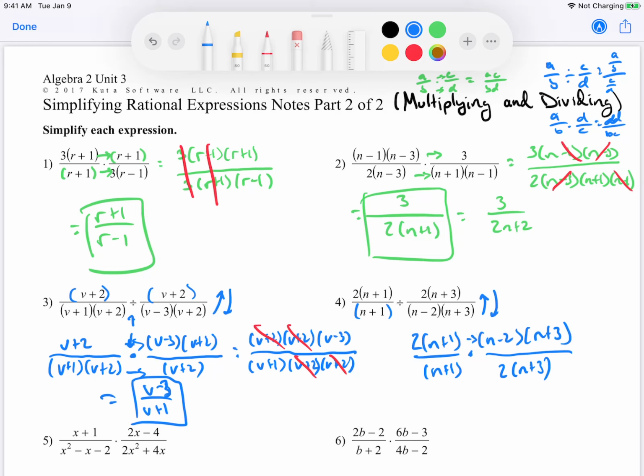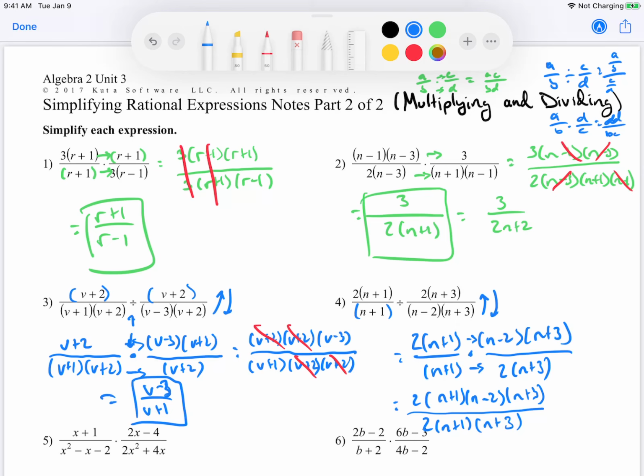I multiply straight across, and I'm going to be left with 2 times n plus 1 times n minus 2 times n plus 3 all over, that 2 is going to move in front, 2 times n plus 1 times n plus 3.